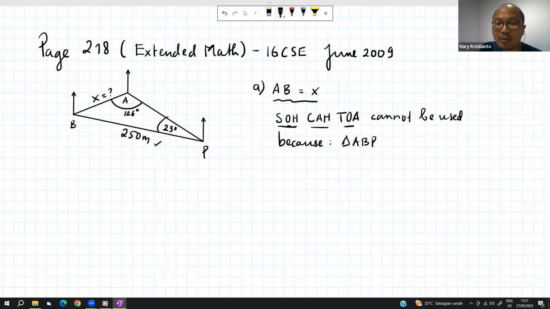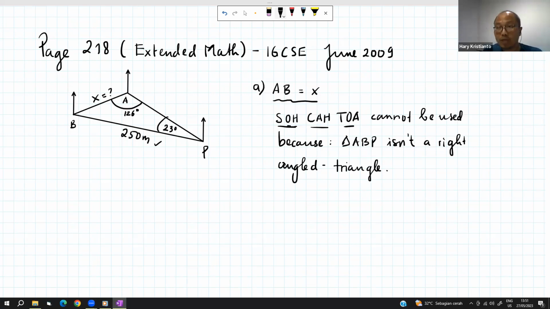Unfortunately, the triangle ABP isn't a right angle triangle this time. Therefore, we cannot use SOH CAH TOA. Understand, brother? Only if ABP or any kind of triangle is a right angle triangle, you can.